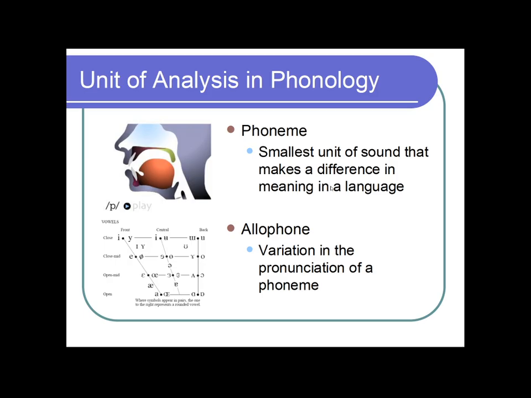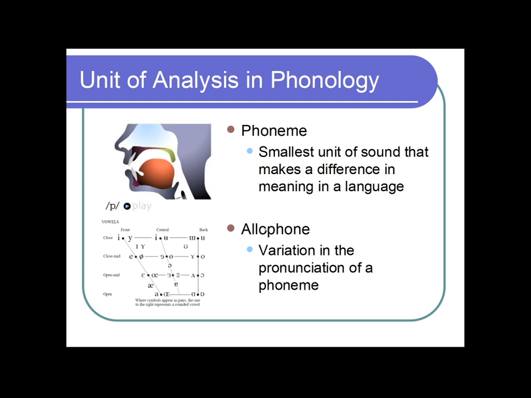If you look at a sound from a phonetic point of view, you're just looking at how the sound is constructed. It doesn't matter about the meaning. If you're looking at it as a phoneme, the important part is that it makes a difference in meaning to native speakers of the language. So that requires a subjective approach, a subjective understanding of what that difference is.